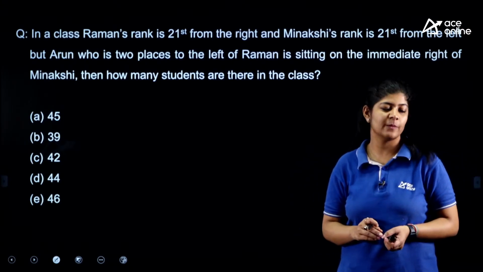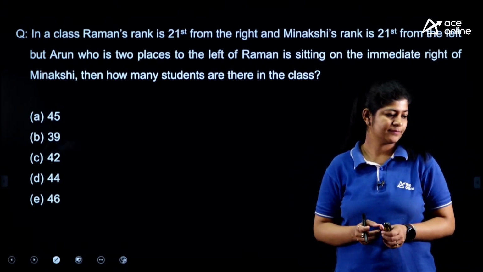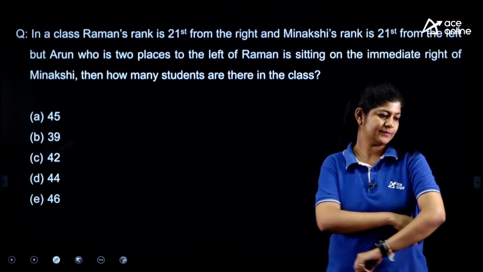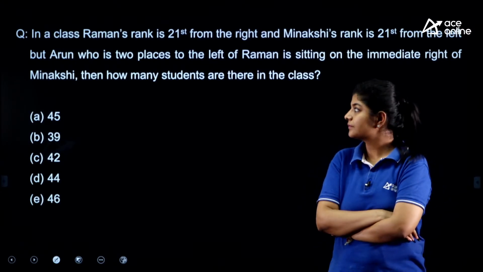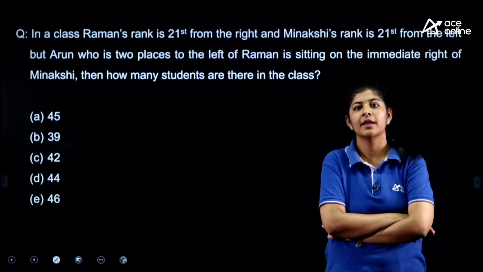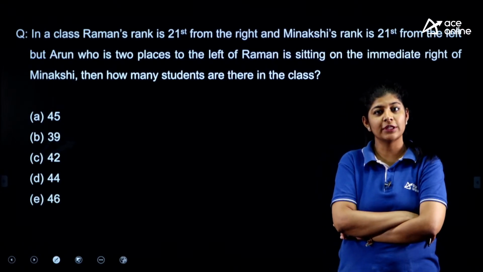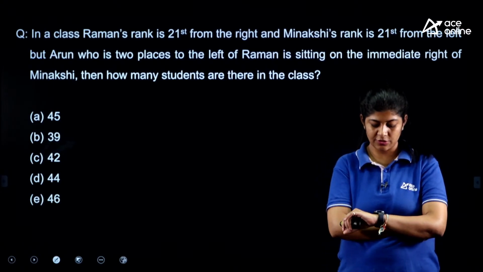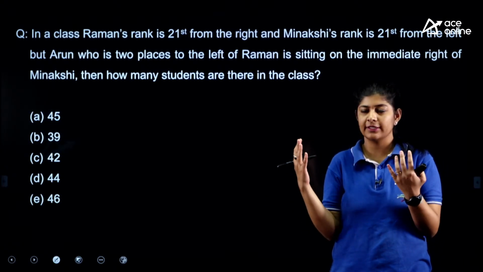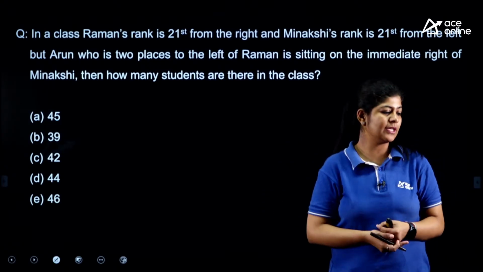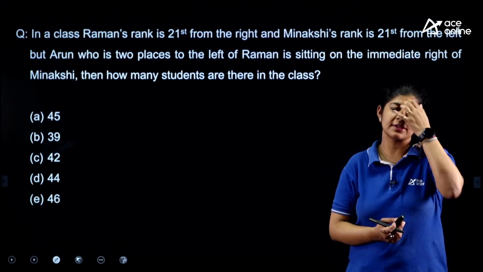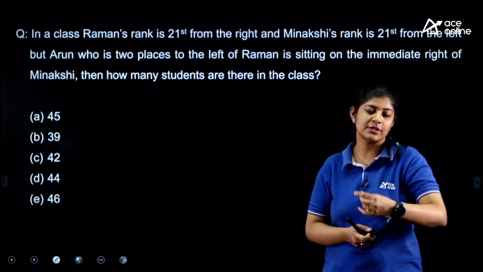Again, it's a very easy one. Here you have data from both the ends. All you need to do is make an arrangement or a diagram, and with the help of that you can easily count the number of students in the class.